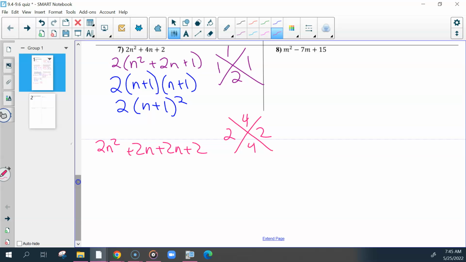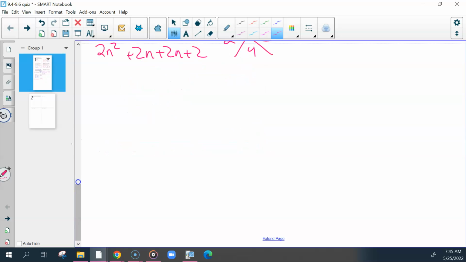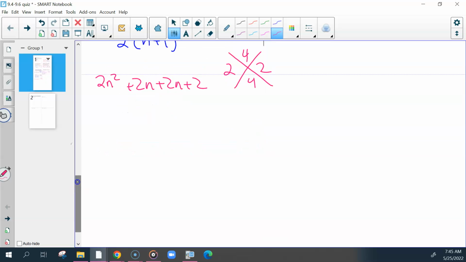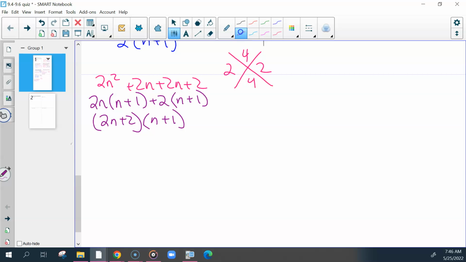But even if that didn't click any light bulbs, and you still went through this process, these two have 2n in common. So if you factor that out, n plus 1 would be left. These two have positive 2 in common. So if you factor that out, n plus 1 would be left. And you'd have 2n plus 2 and n plus 1.